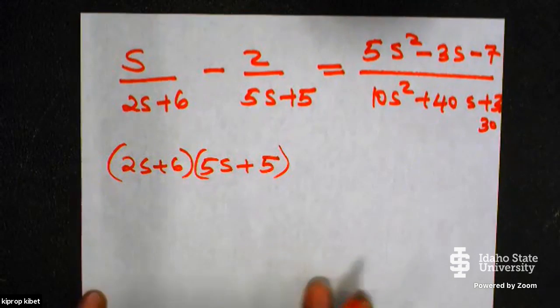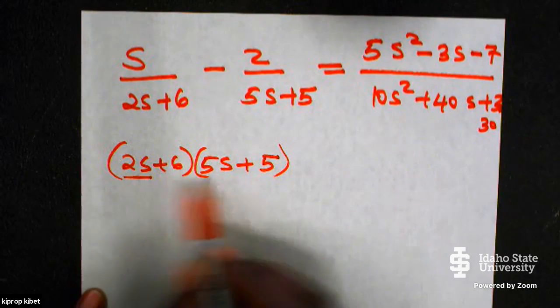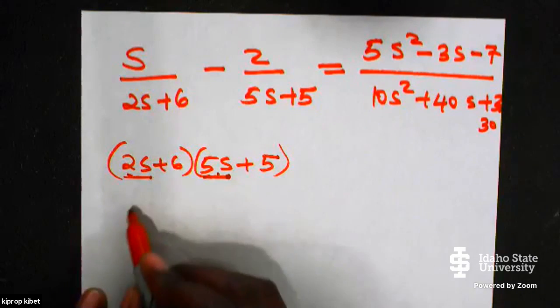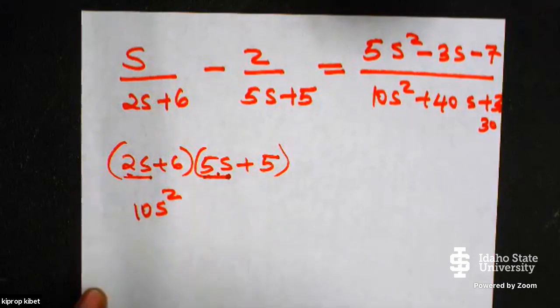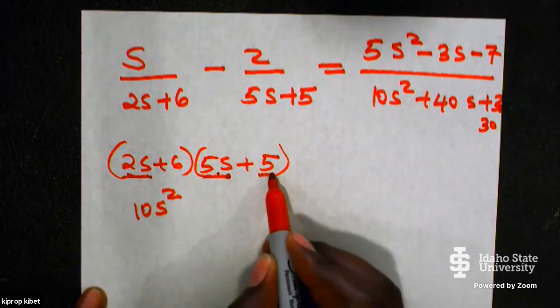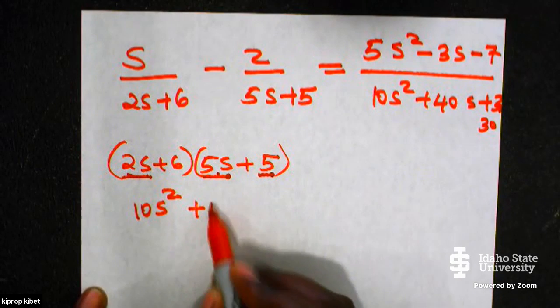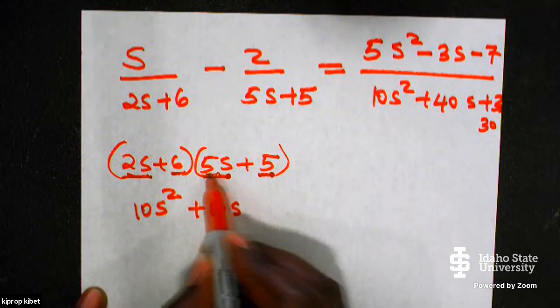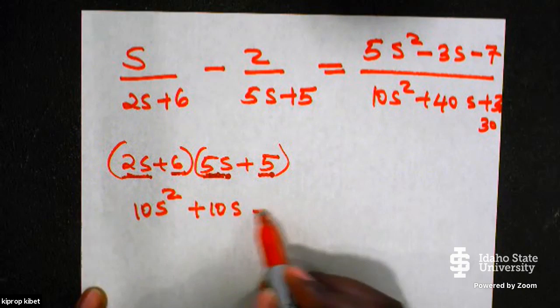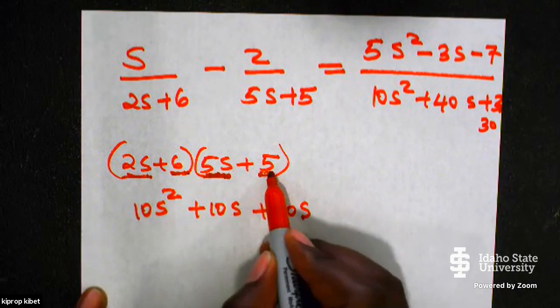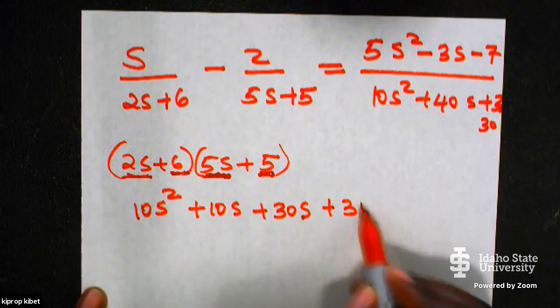So 2s times 5s is what? 10s squared, right? And then 2s times 5 is plus 10s. Then we have 6 times 5s, which is plus 30s. 6 times 5 is plus 30.